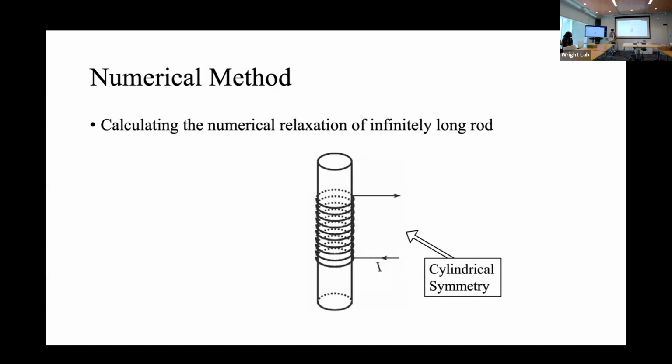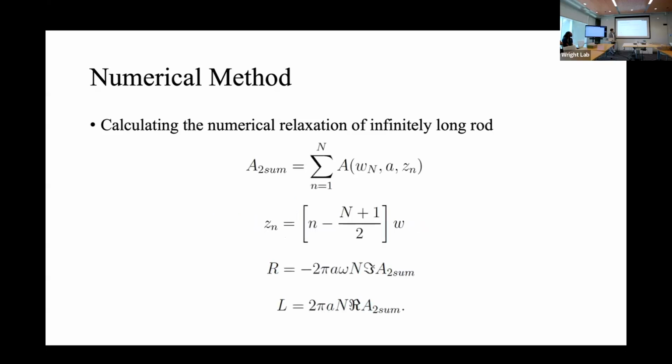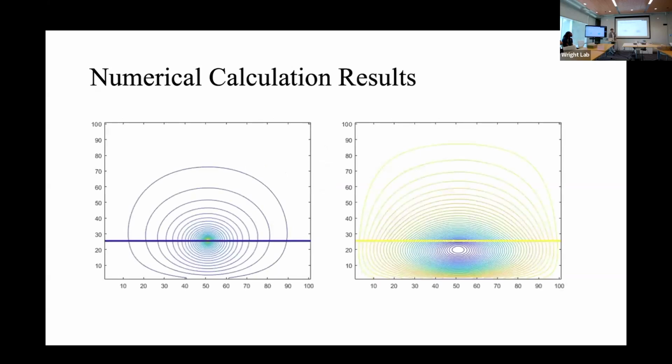The equation for the vector potential can be written as such, and with this, we can compute the resistance and inductance of that situation. The results of inputting these equations into MATLAB give us quite good looking vector potential loops, from which we can just extract the data and match up the values.